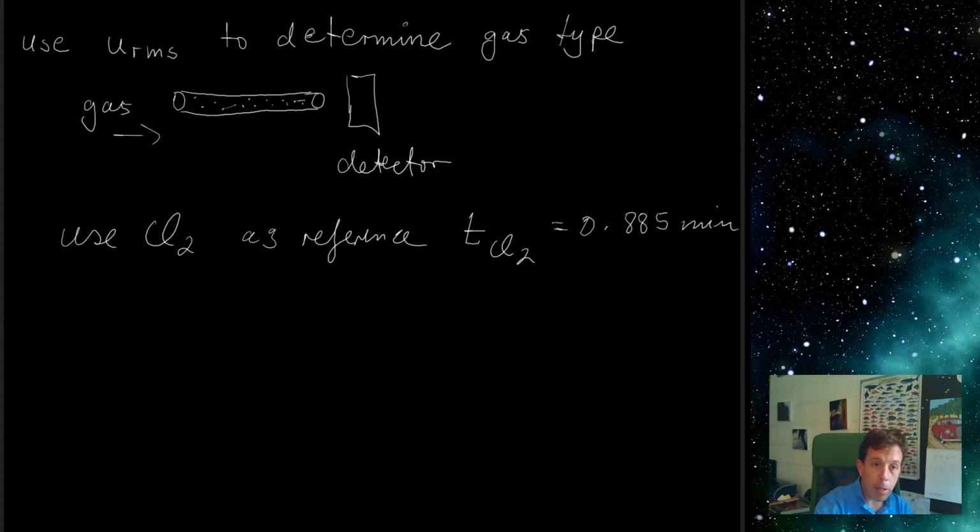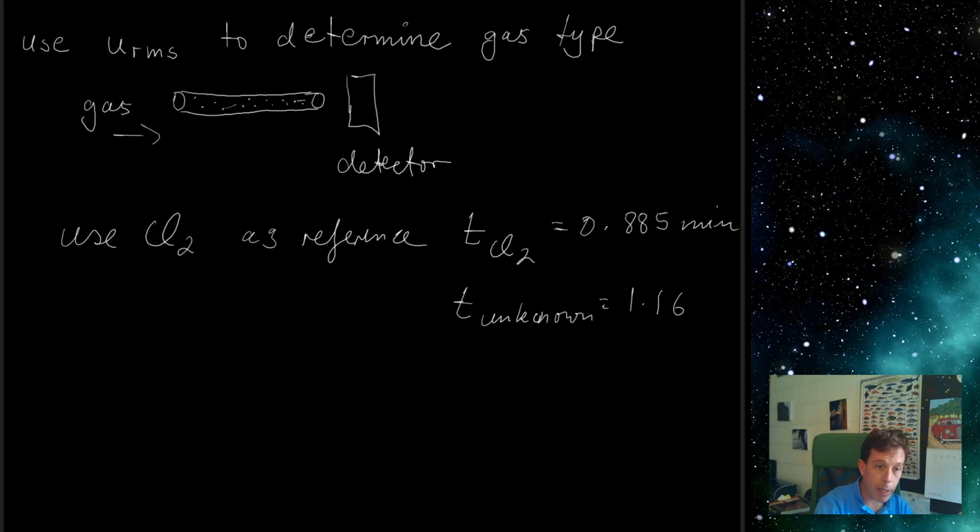And then we have an unknown gas that we're trying to investigate, to find the molar mass of that one. And the unknown, let's say, is 1.16 minutes. So we can make the assumption, okay, it's probably a heavier gas. Since time is inversely proportional to the root mean square velocity of the gas, we can calculate the molar mass.